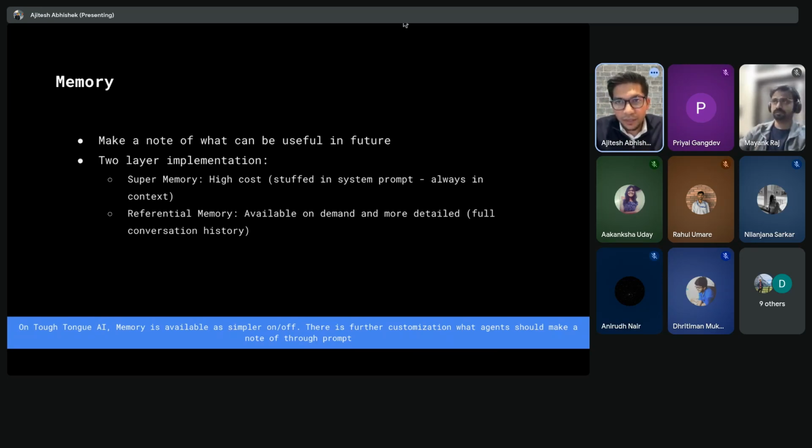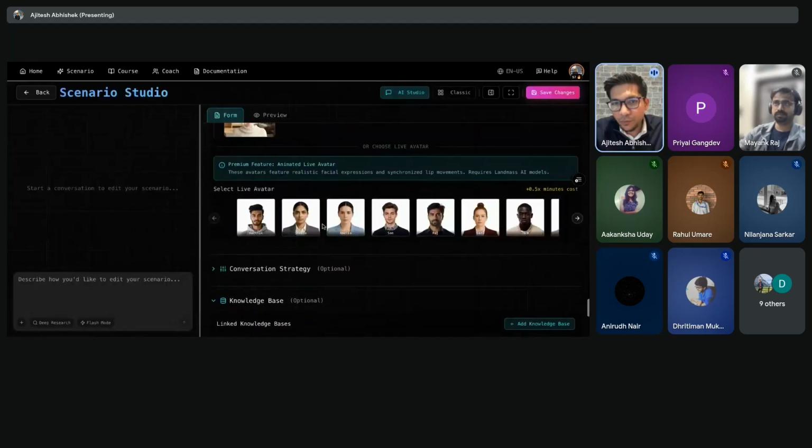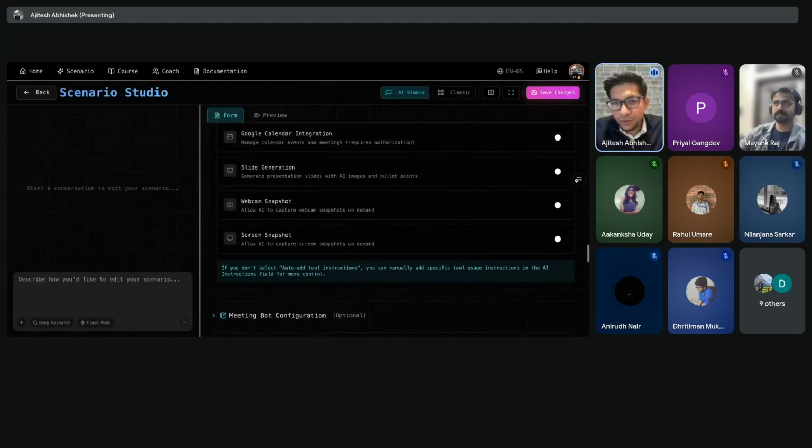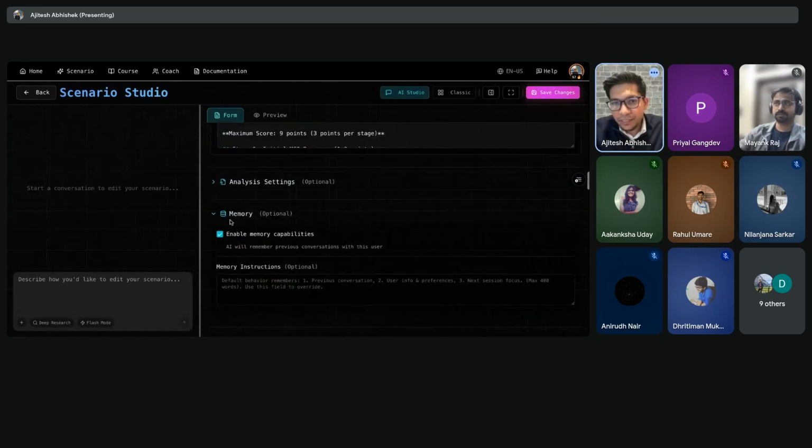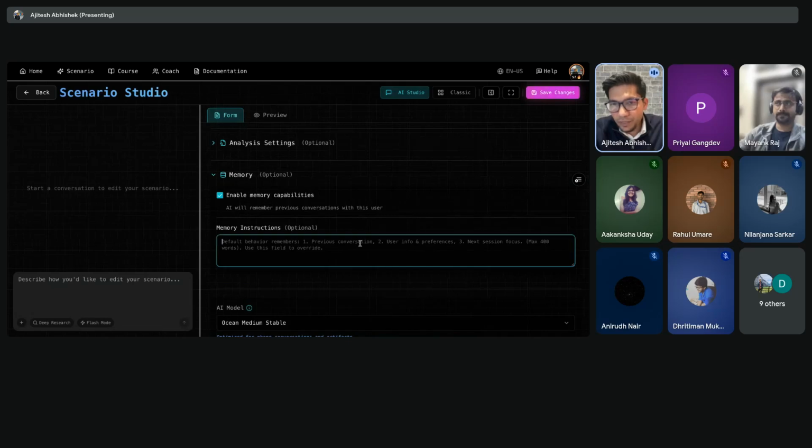If you are building an agent on us and you want to control the memory, then you just go to your memory settings and switch it on or off. When you switch it on, by default, we remember previous conversations, some preferences, and what should be covered in the next session. That's what the agent notes down, but you can tell the agent what it should be remembering. So those can be tweaked from here when building the agent.